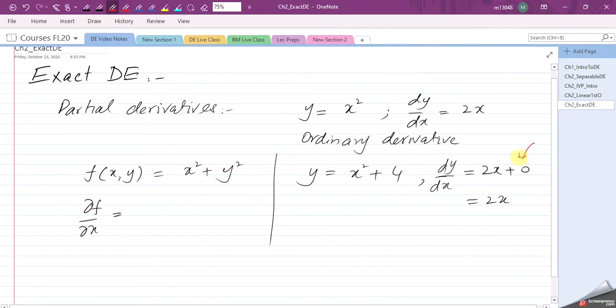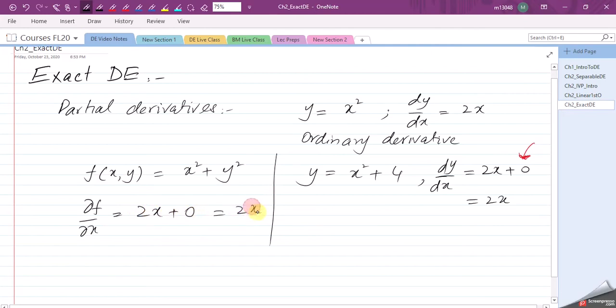Because derivative of a constant is 0. When we take partial derivative, we treat all other variables as constant, okay? Just like 4 over here. So in this case, partial f by partial x will give us 2x plus 0.